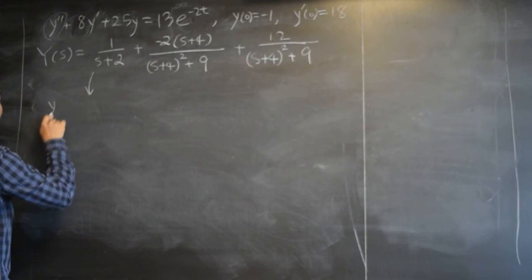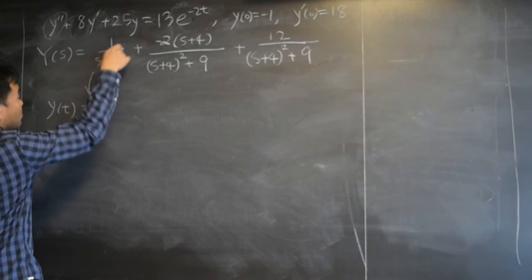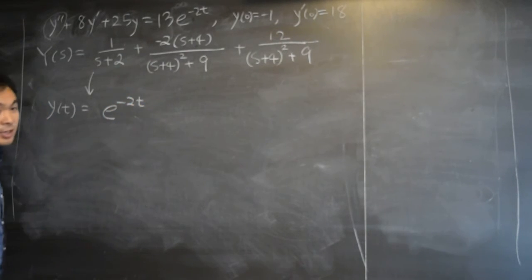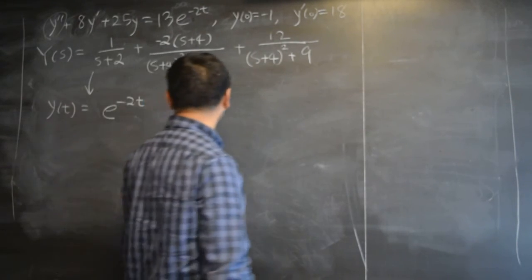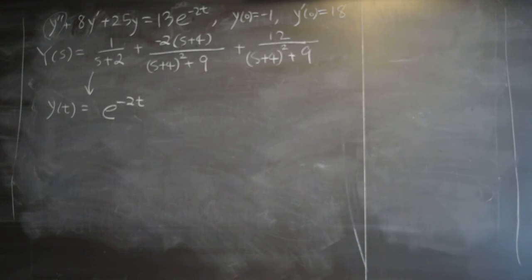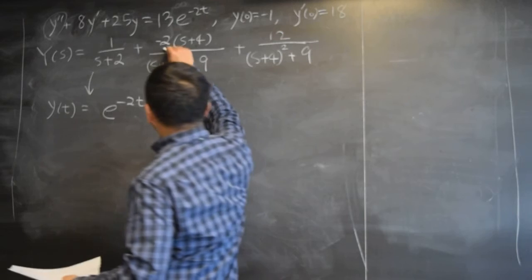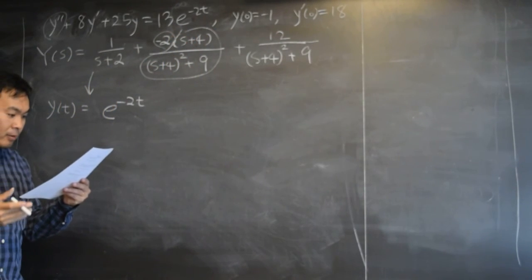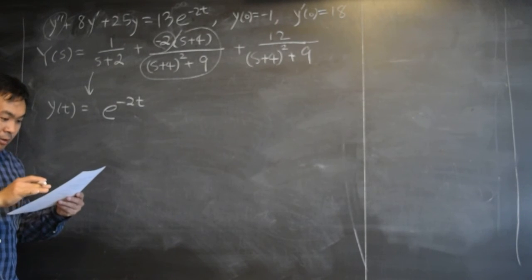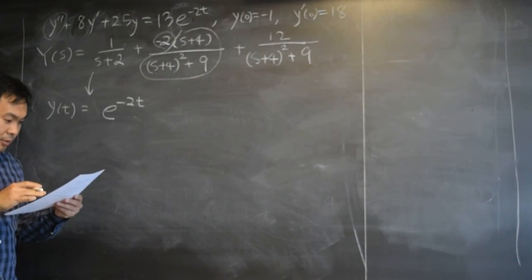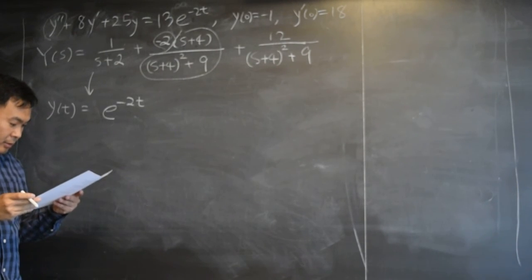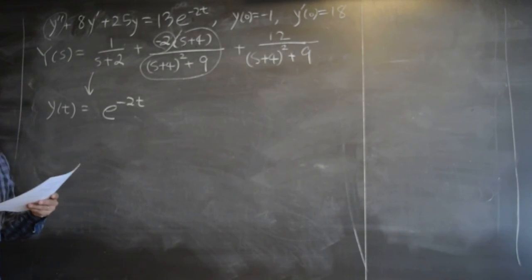Okay, so that means y of t, what gives you this? e to the negative 2t, right? That's number 2. Okay, and then the next one, it must be negative 2 times this thing. What gives you that? I think, let's see, it's in number 19.